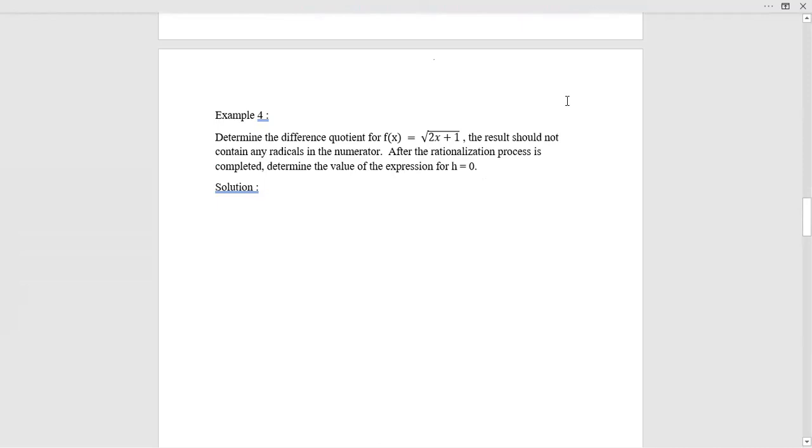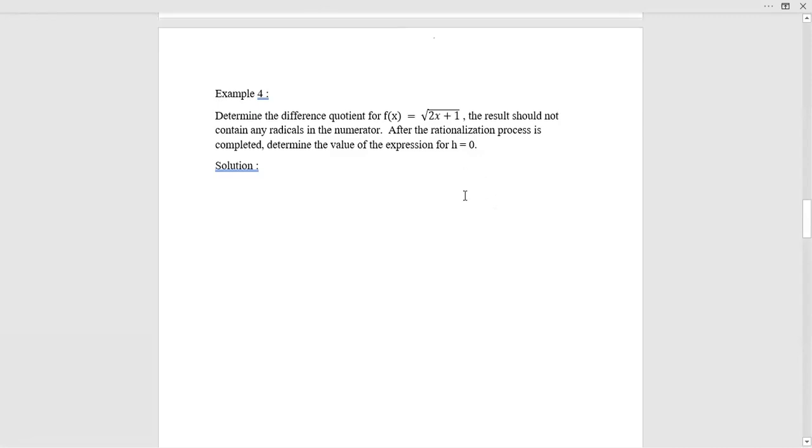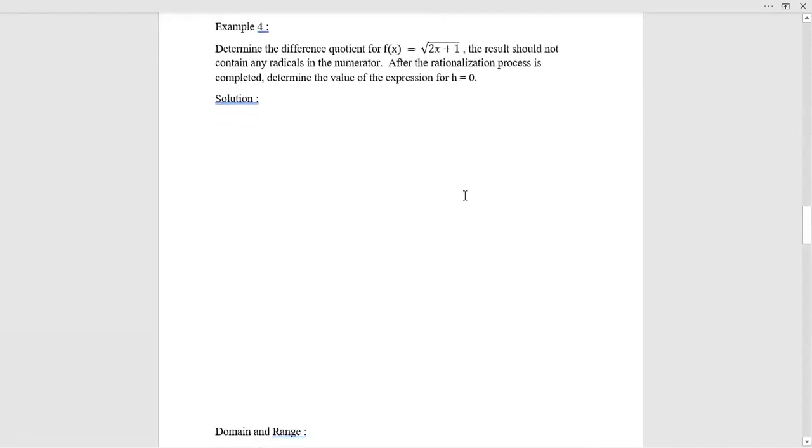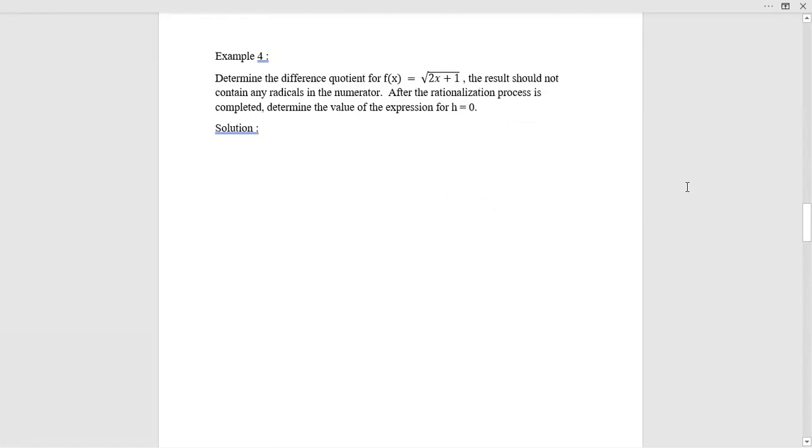Okay, we know how to calculate the difference quotient. Let's calculate that. After that, let's substitute h equal to 0. Let's find out first the difference quotient. f(x) is given, square root of 2x plus 1.